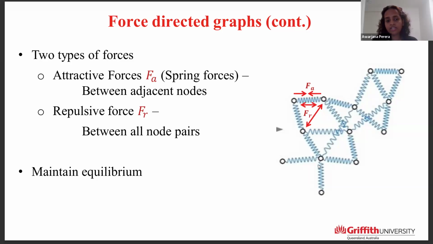This repulsive force acts between all node pairs, including the connected and the non-connected ones. Non-connected nodes only have repulsive force acting on them, pushing them away from each other, and the connected nodes have a combination of attraction and repulsion. These forces together maintain the graph in equilibrium, hence preventing overlapping.